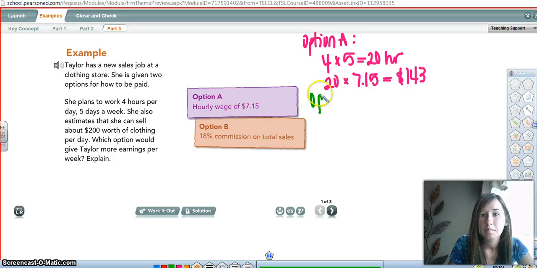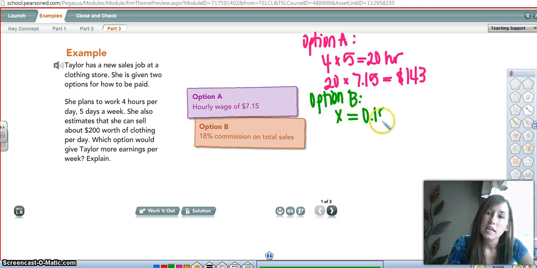Option B. Instead, she could choose to earn commission. Well, commission is a part. Her percent would be 18, and the whole would be the total amount that she would sell throughout the week. $200 per day, so that would be $200 times 5. That's $1,000 in the whole week.